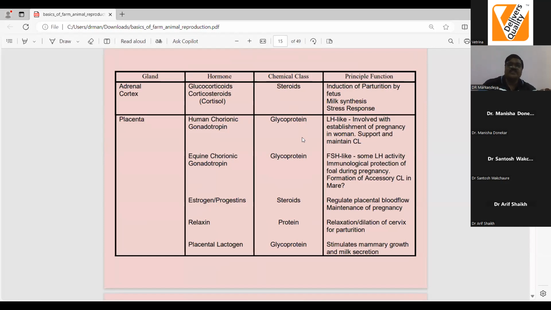Placenta is producing estrogens, that is more important in almost all the farm animals. Relaxin in all the animals, and placental lactogens. This is also important, that is required for mammary growth and milk secretion. So these things are coming from placenta, and placenta also acts as an endocrine gland.